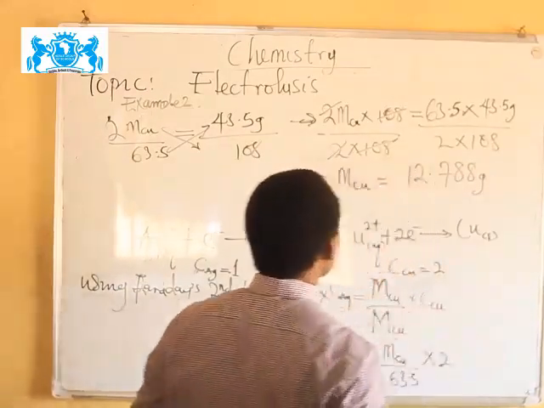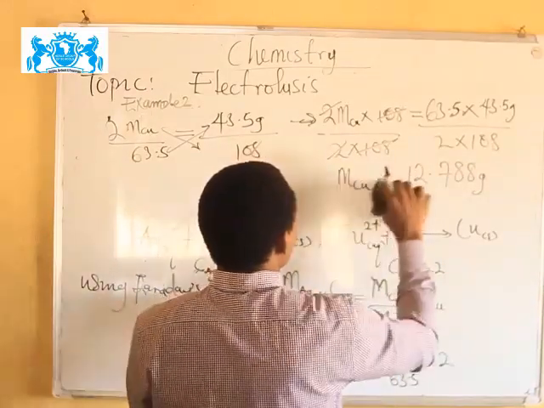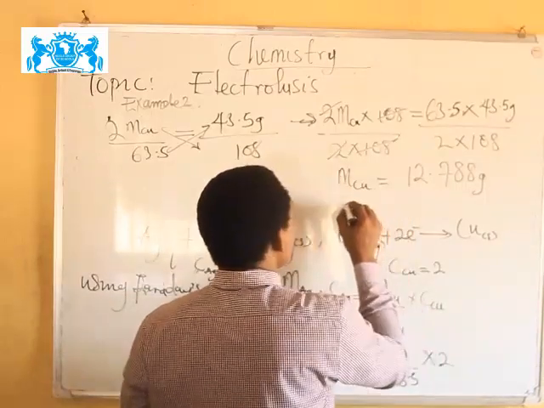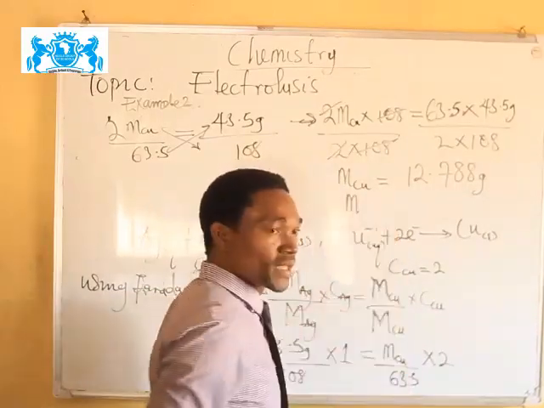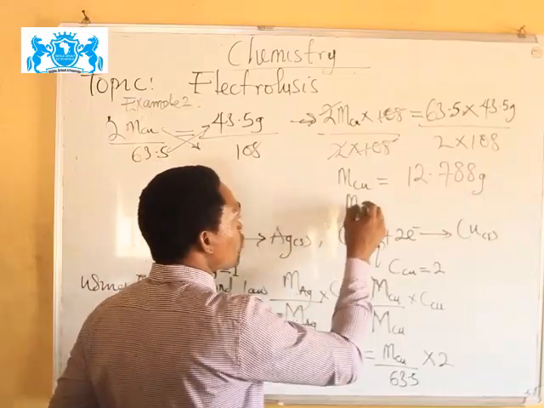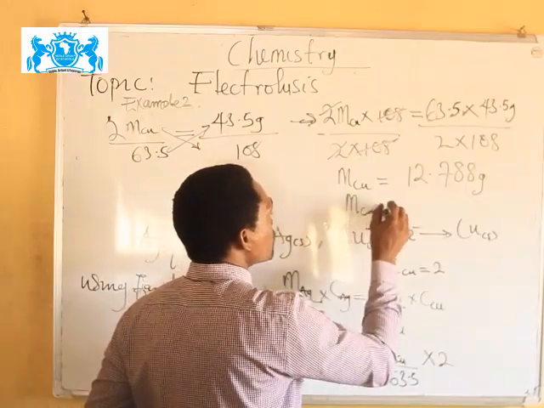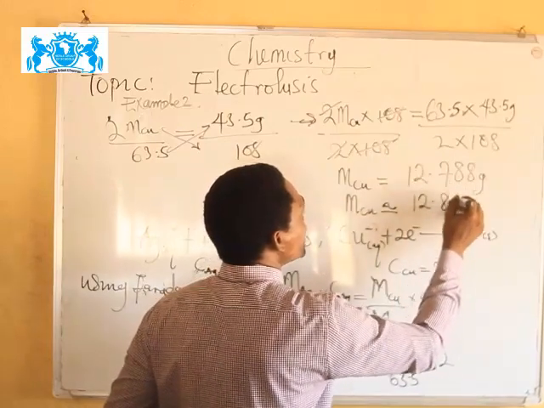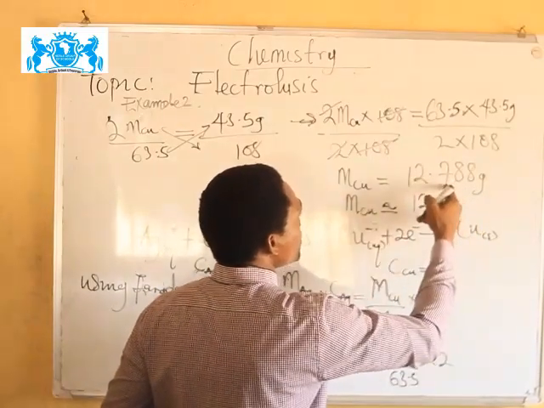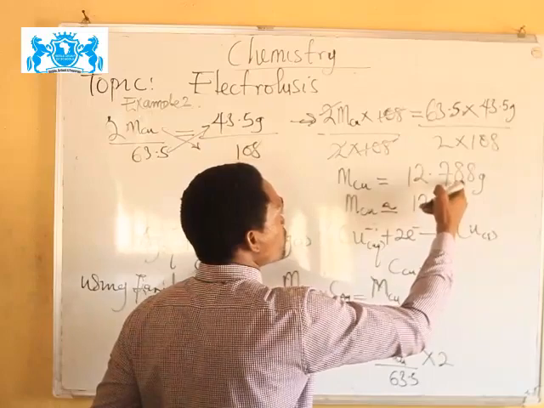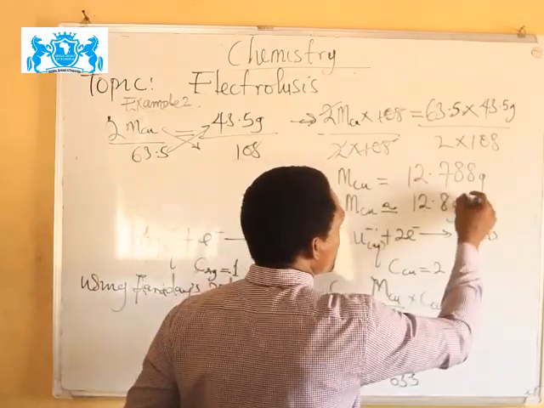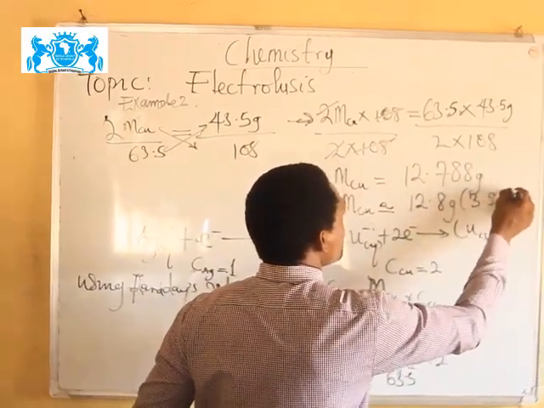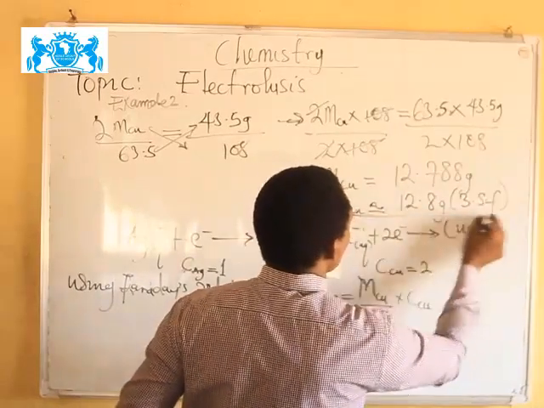Now, in standard reporting we always give 3 significant figures, so m(Cu) will be approximately 12.8 grams, correct to 3 significant figures.